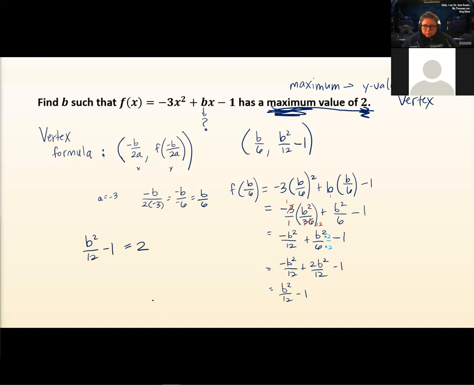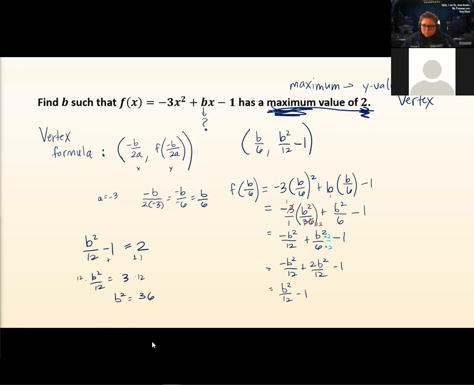So first thing we do, add 1. Absolutely. So b squared over 12 equals 3. Now what? Multiply both sides by 12. You got it. So b squared equals 36.